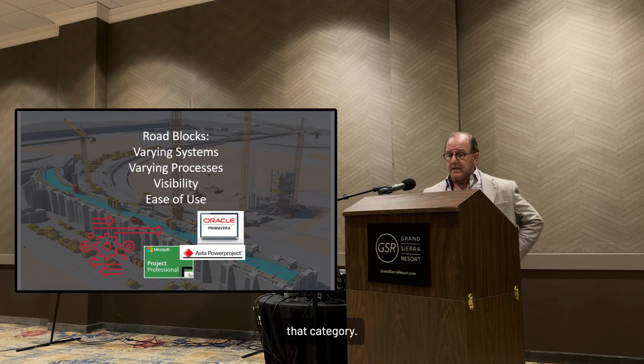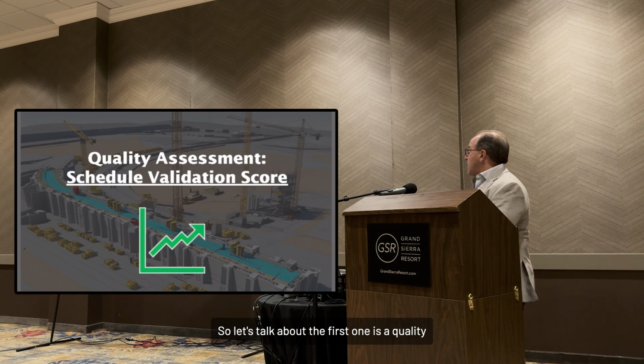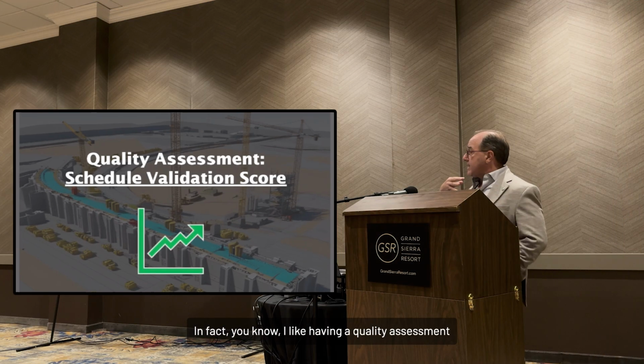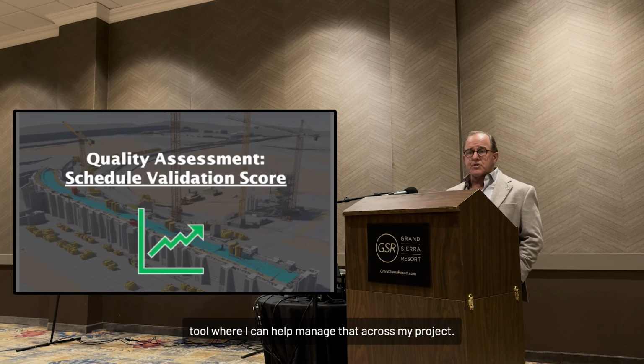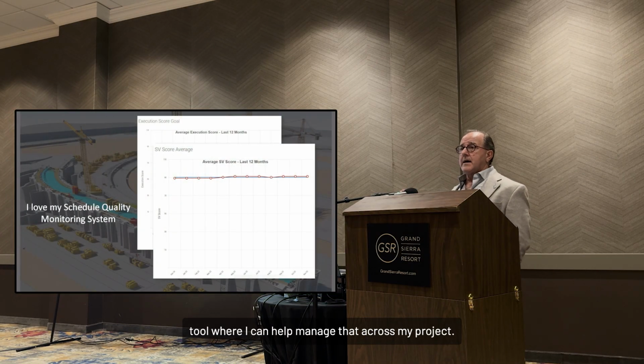So let's talk about the first one, which is a quality assessment. I'm going to use the schedule validation score as a quality assessment. There's a lot of good quality assessments out there. In fact, I like having a quality assessment tool where I can help manage that across my project.